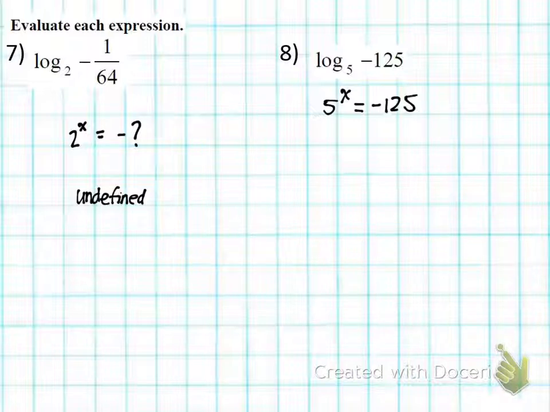Can you ever have the base of positive 5 turn into a negative number? No. So it's going to be undefined again, okay? Some of you start putting 3 or negative 3. Wrong. So beware. I know that's a little tricky, but you can do it.